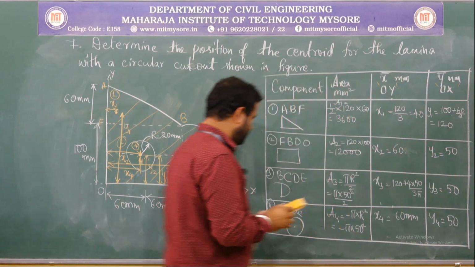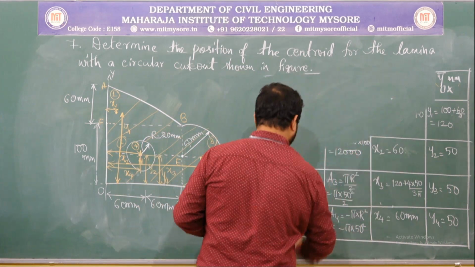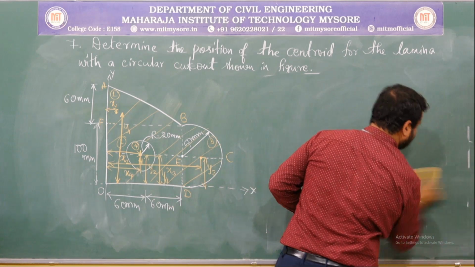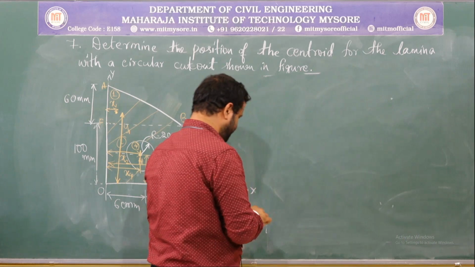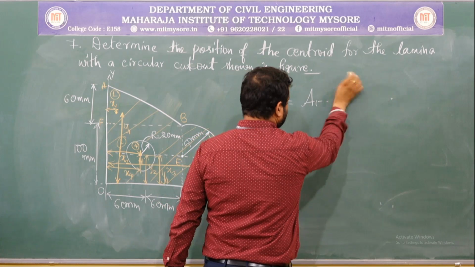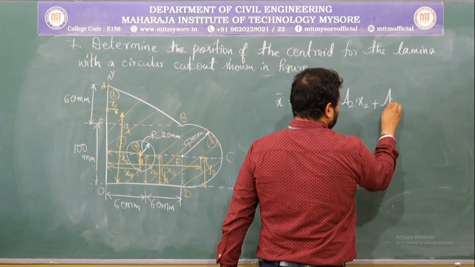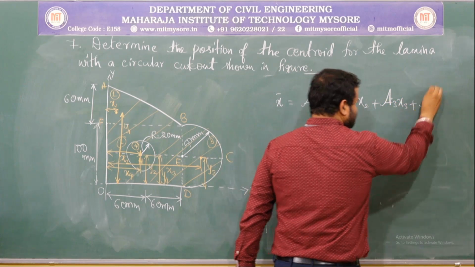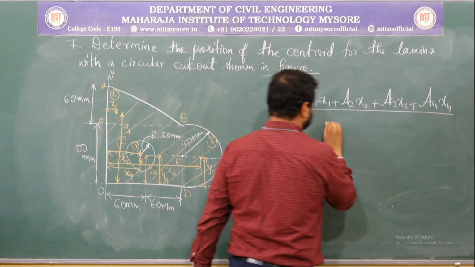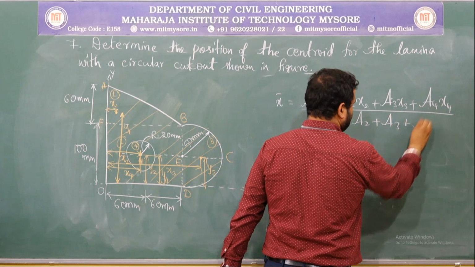So, let me write the final answer. x bar is equal to a1 x1 plus a2 x2 plus a3 x3 plus a4 x4. You know why I am writing plus at the last? a1 plus a2 plus a3 plus a4.